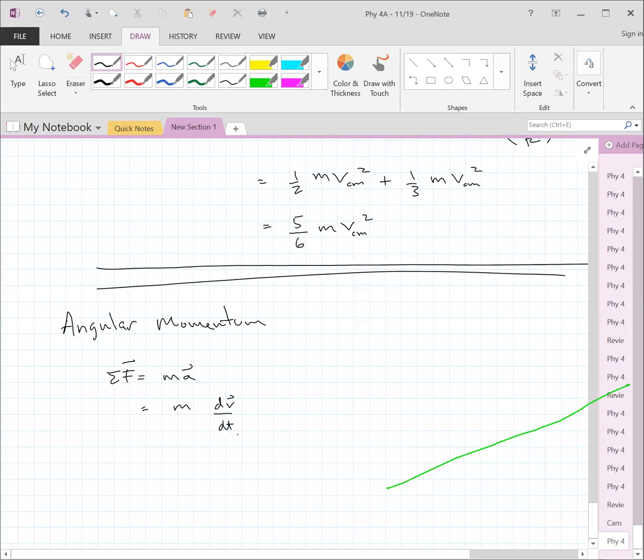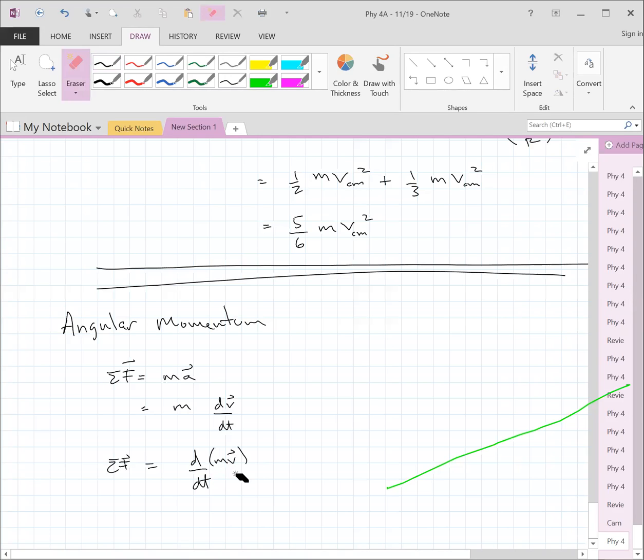And then you say if the mass is constant, we can bring it inside the derivative. And that tells us that there's something special about this quantity. If the net force is 0, that's what this is on the other side, then that quantity cannot change in time. It's a constant in time.